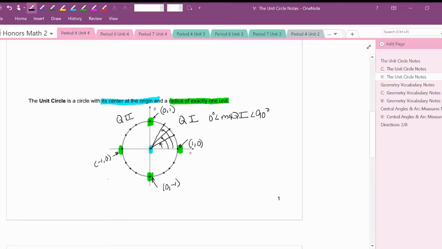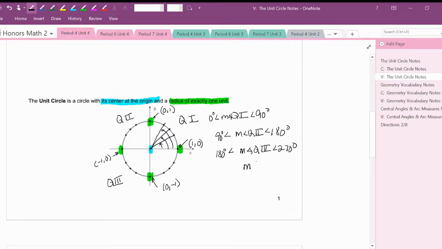And then we pass to quadrant 3. We know the measure of any angle in quadrant 3 has to be in between 180 degrees and 270 degrees.